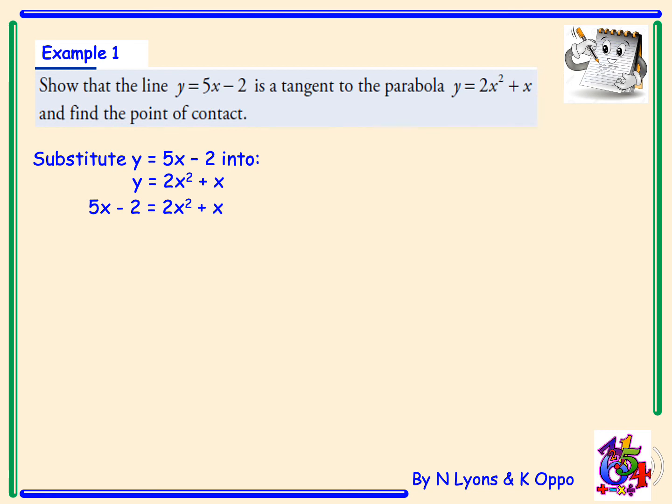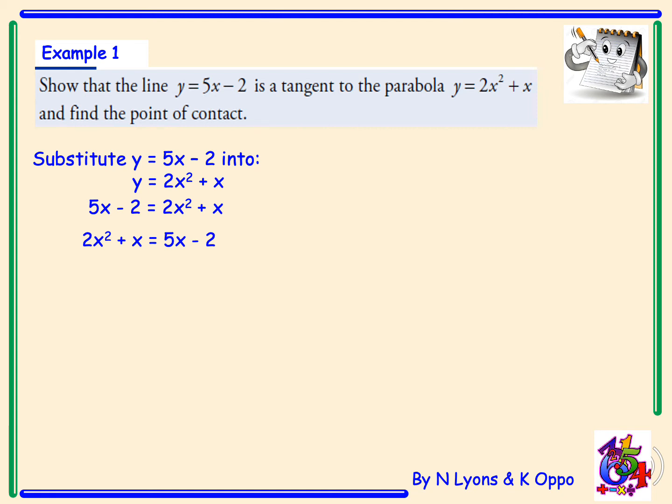Now, we will need to rearrange this and equate it to 0. Before I do that, I'm going to flip it all around so that I have my 2x squared plus x on the left hand side, and on the right hand side I'll have my 5x minus 2.